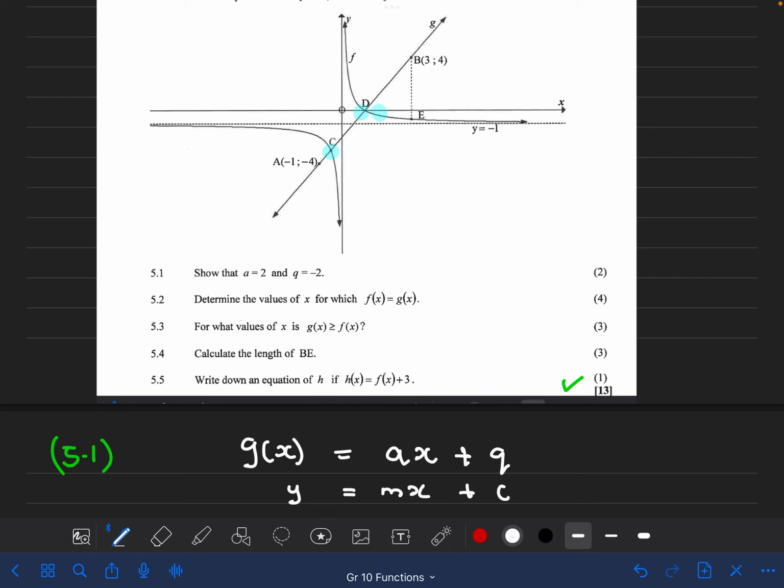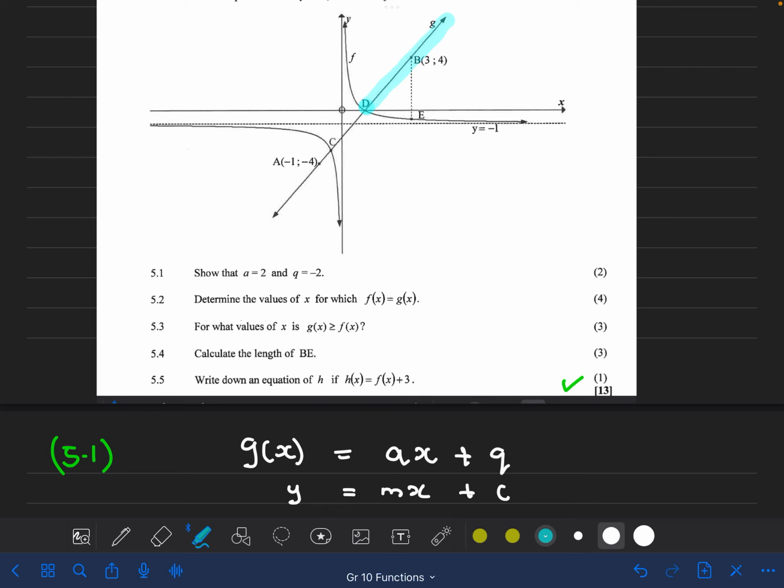For what values of x is g of x greater than f of x? Okay, these are the type of questions where people normally struggle to tackle, but we got this. So g of x is the straight line. If you look, f of x is the hyperbola from here, right? And as we go further up, we can see that g of x is greater than f of x, right?